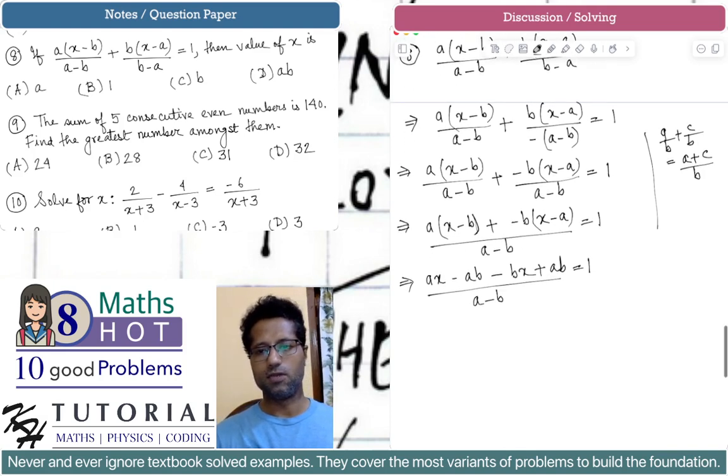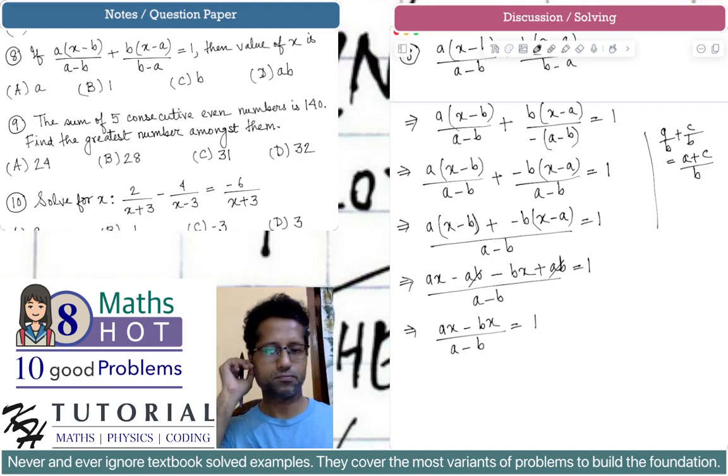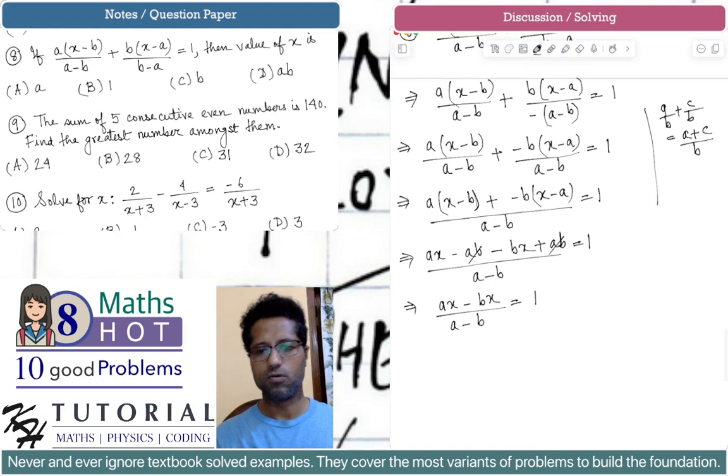Now on the LHS in the numerator you will see minus ab and ab cancels out, and we get ax minus bx divided by a minus b is equal to 1.